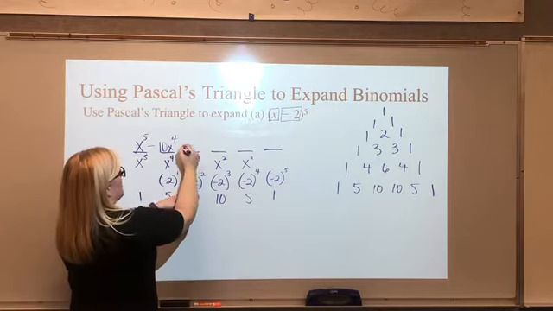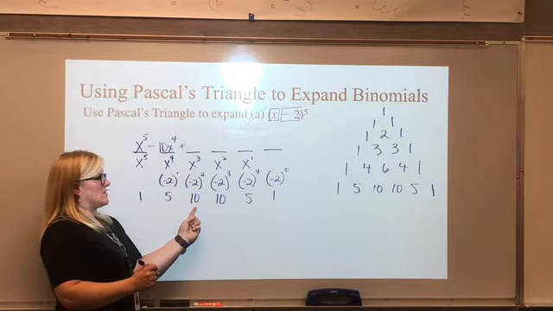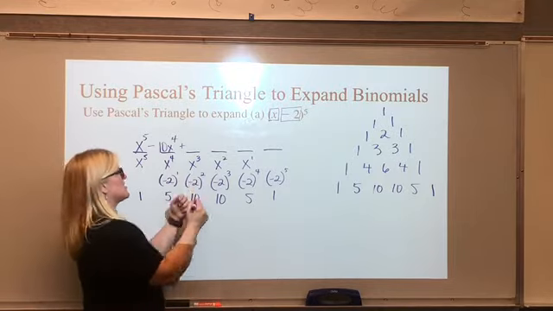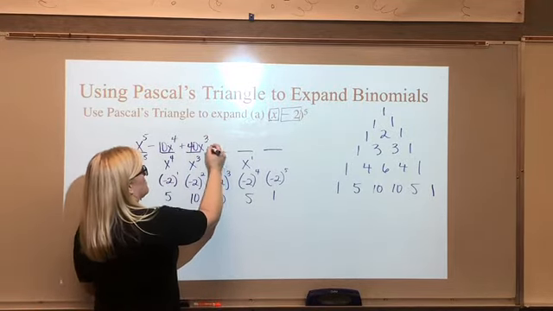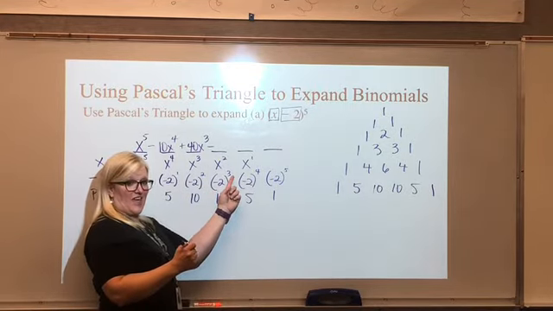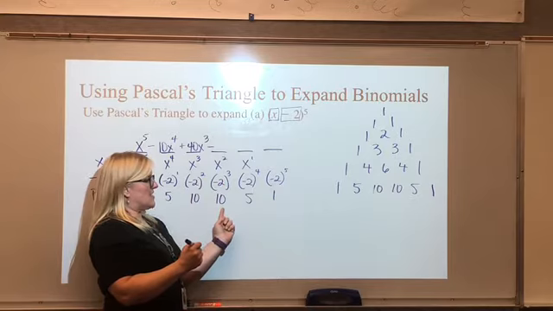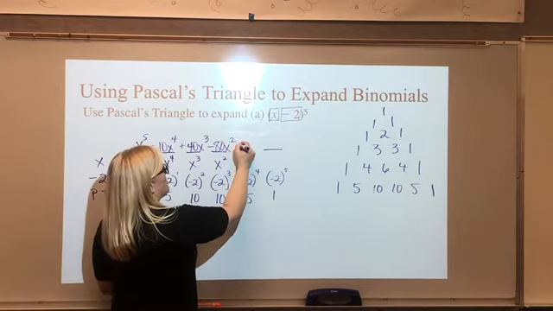Okay, this is going to be a plus. So 2 times 2 is 4, times 10 is 40, x cubed. This is going to be a minus. So -2 to the 3rd power is -8, times 10 is -80, so it's -80x squared.